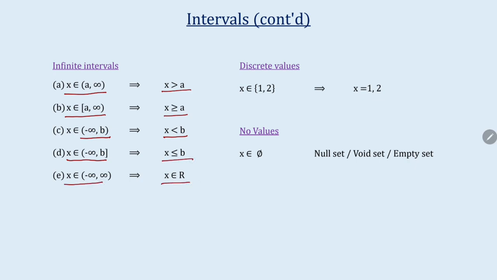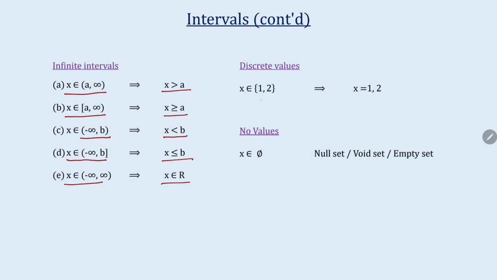Now we have some intervals where we define some discrete values. Before this, whatever we have discussed was a continuous interval, so the values were on the continuous real number line. But if we have to denote something in discrete values, like only two values 1 and 2, then we can write it in curly braces.